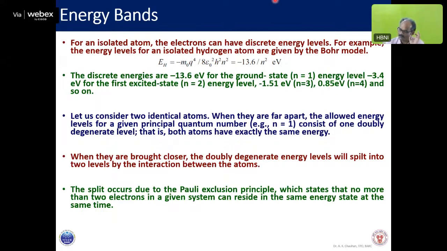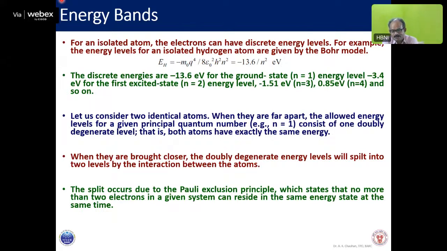This was the simplest case, when you try to bring two hydrogen atoms together. But we always study hydrogen atoms just for test purposes because it is the simplest one. It has just one proton and one electron, but that is not the real case.